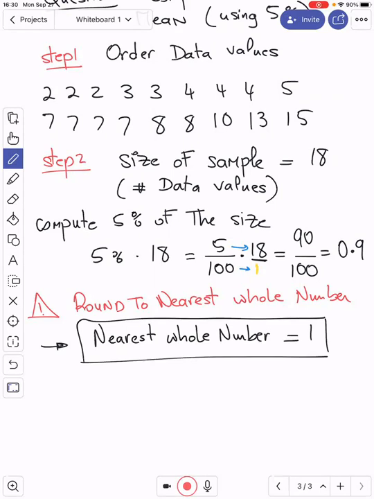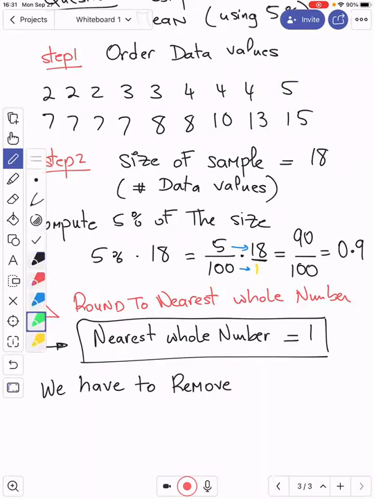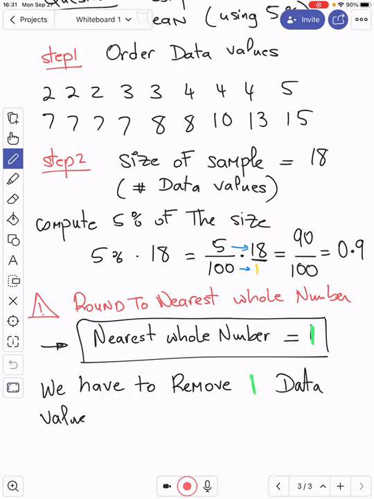So what we need to do, guys, we need to remove one data value from the top and from the bottom of our data values. Let me just write it down here. So we have to remove 1 because the answer here is 1, right? So we have to remove 1 data value from the top and also from the bottom.